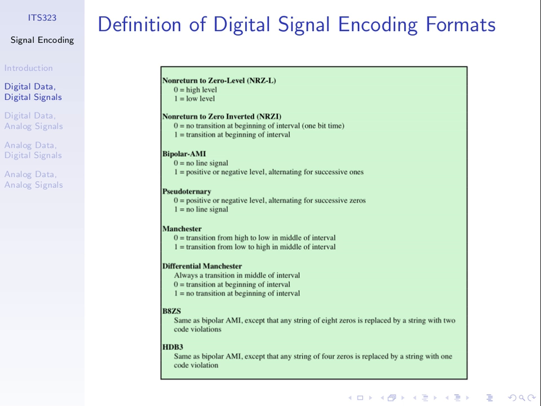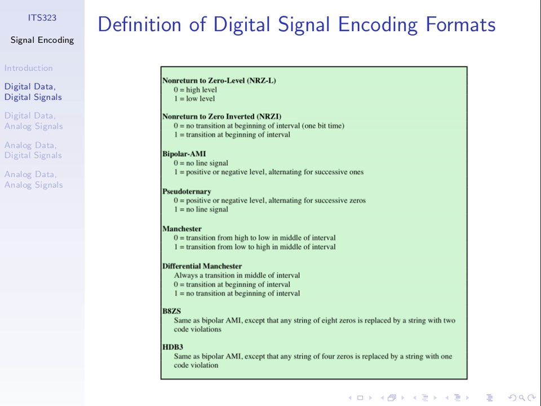With our data here, actually I won't draw it because it's so easy, but with bit 0 we have a high level. If this dashed line in the middle is 0 volts, we'd send high, low, high, high, low, low, high, high, high, low, low.